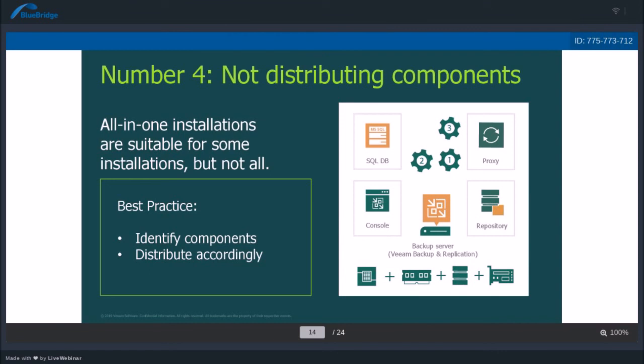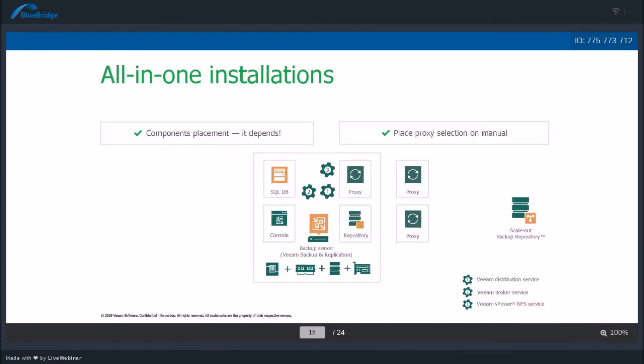Now, would we recommend it? No. Does it work? Yes, of course it works. It really all depends on what you are trying to get from your backup infrastructure. The best practice from Veeam would be to distribute those components, even though you can have an all-in-one solution. If you have an all-in-one solution, the only thing to remember is that not only are you running a SQL database, but you're also running a service responsible for compressing and deduplicating data.